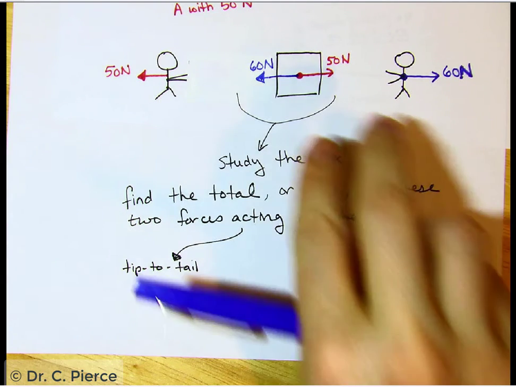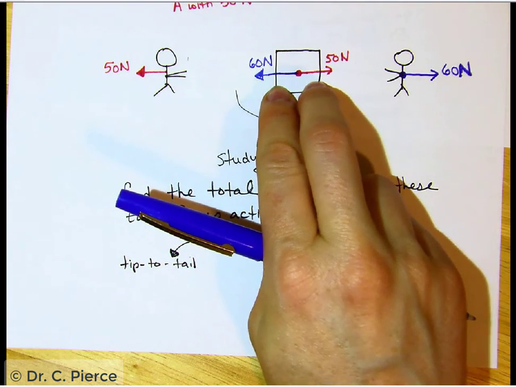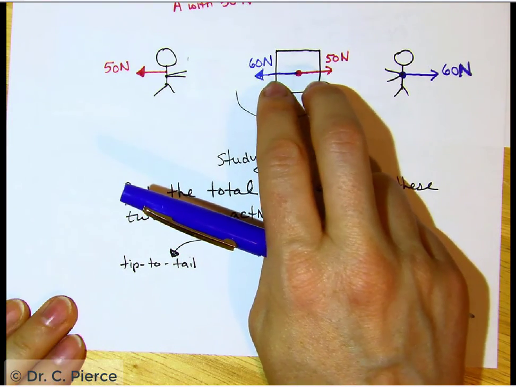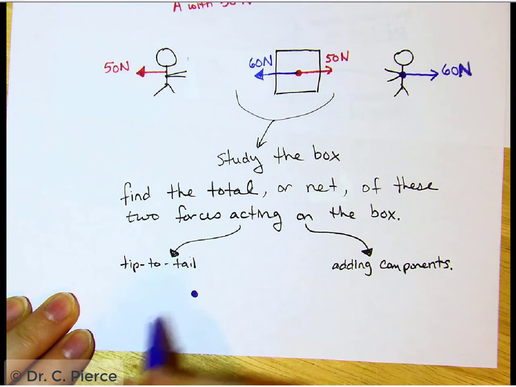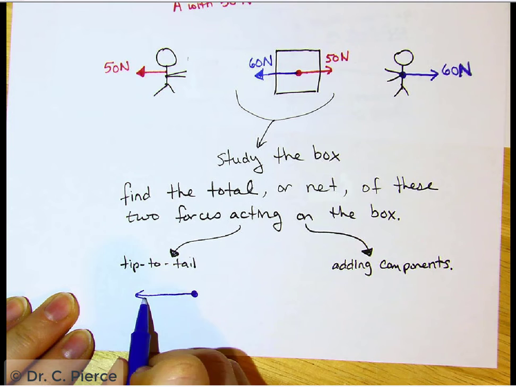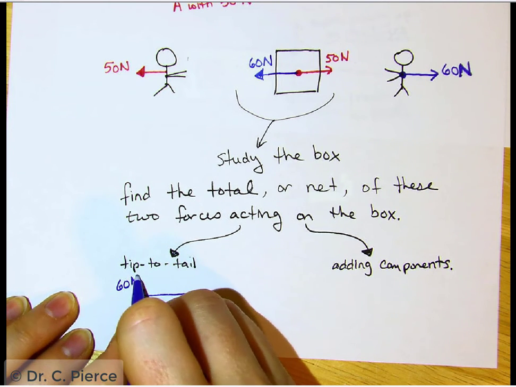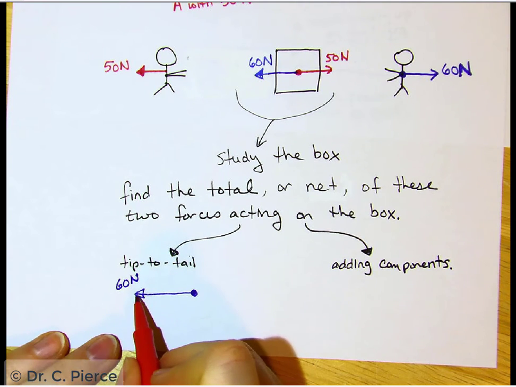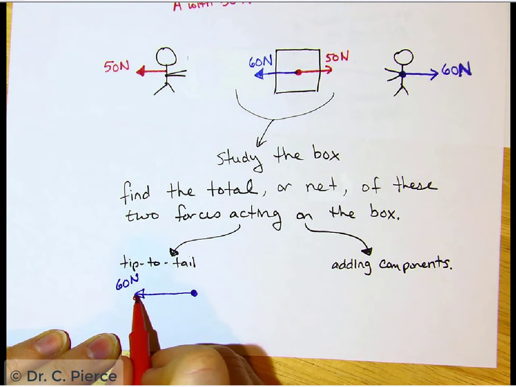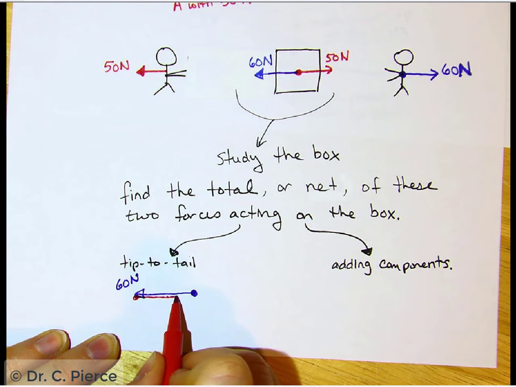So let's pick these up and add them tip to tail. It doesn't matter which order you do them in. I've got the blue marker in my hand, so I'll do that one first. So I'll pick a starting point. I would draw 60 newtons acting to the left. From where that one ended, I would start to draw the other one of 50 newtons.